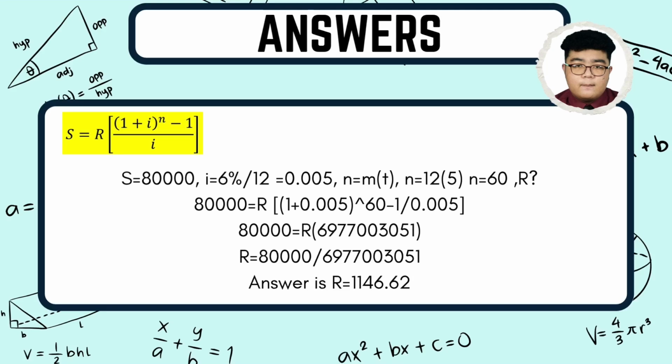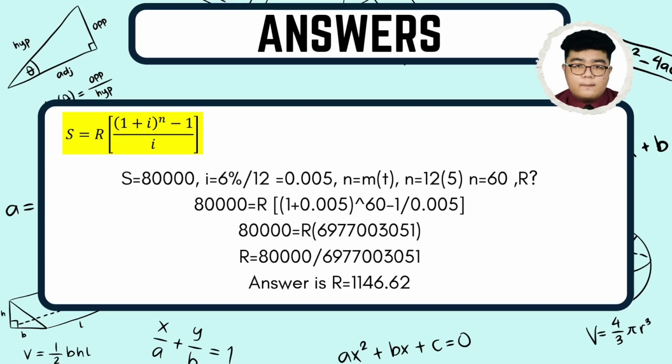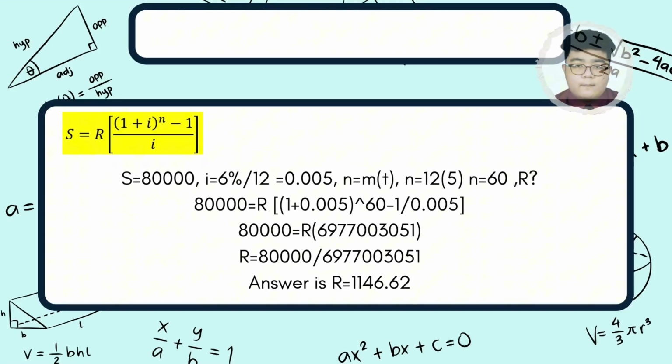After that, copy back, R is brought forward, and 80,000 is brought back and becomes over, R equals 80,000 over 69.77003051, and then the final answer is R equals 1146.62.